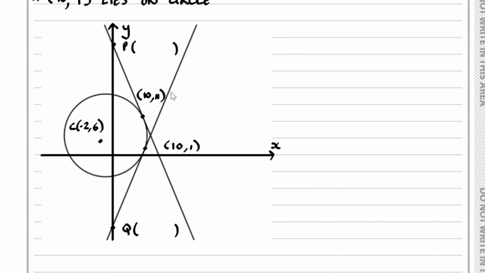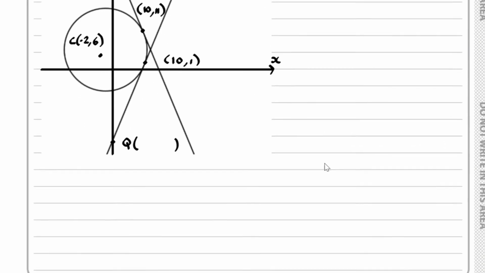Now what we'll do, we'll find out the gradient of the tangent at this point, and we'll also find out the gradient of the tangent at this point. So let's consider the point 10, 11.